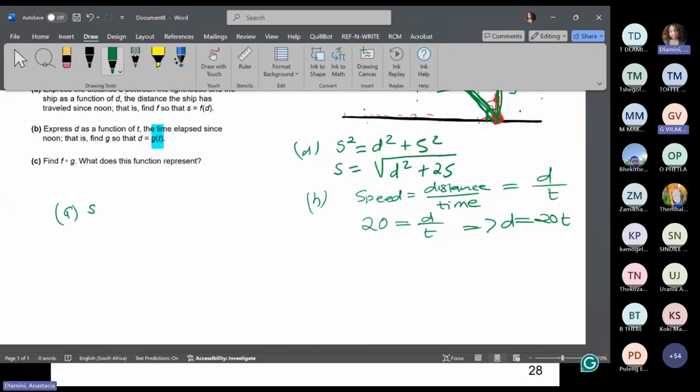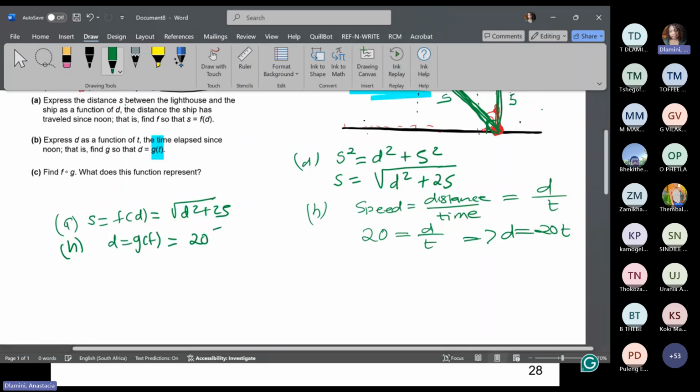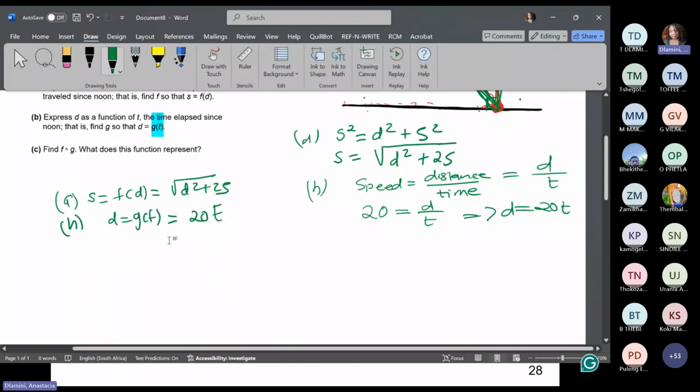Our S, they said S must be f of D, which is the square root of D squared plus 25. And then D is equal to g of T. In this case, it's 20 times T. Now they say find the composition of f and g.